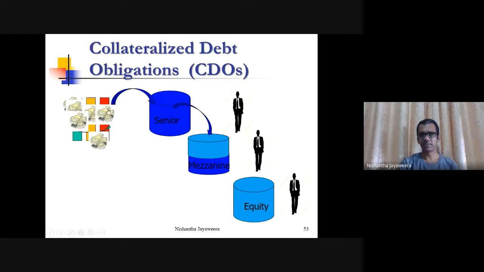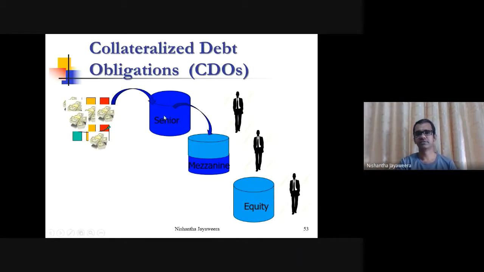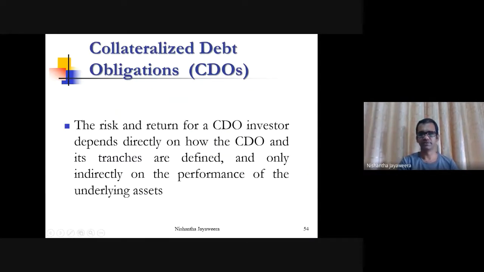There will be a direct impact from this cash flow. How the asset pool performs, whether borrowers pay their dues properly or not, has an impact. But mostly how they have tranched this directly impacts the performance of these securities.